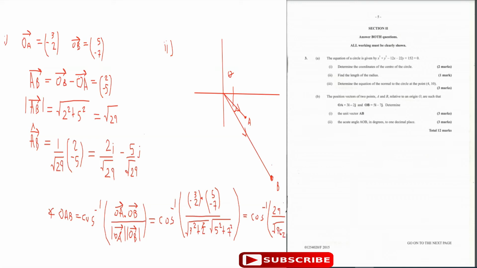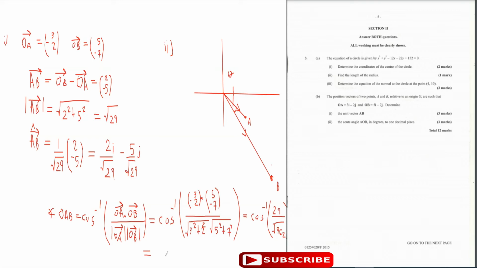So this is what we're finding. This works out to be equal to 29 divided by the square root of 962. I'll take cosine inverse of that, giving our answer. Let's give our answer in degrees.